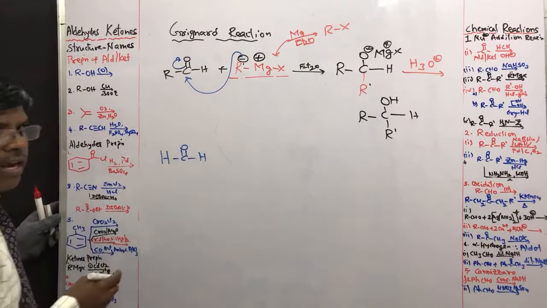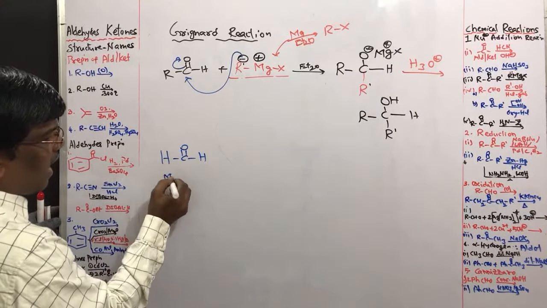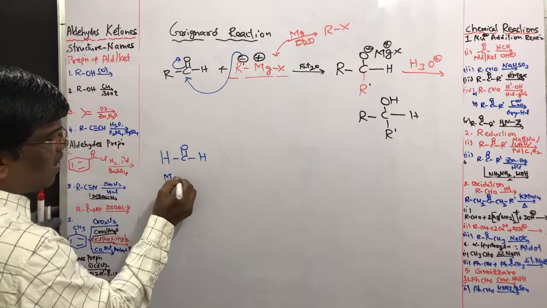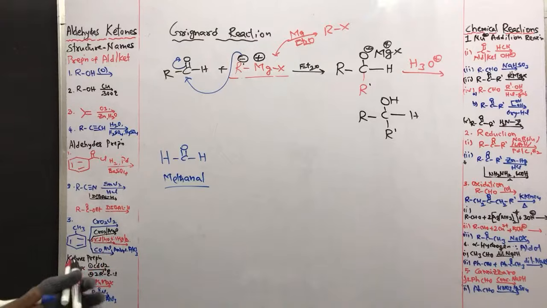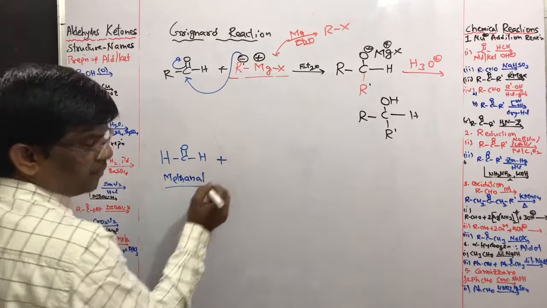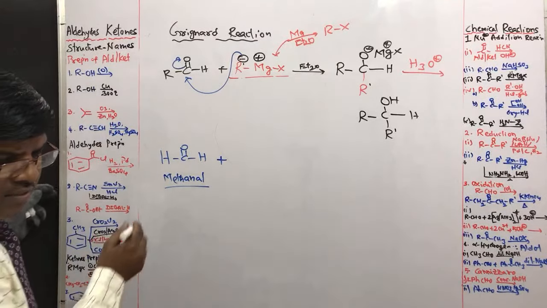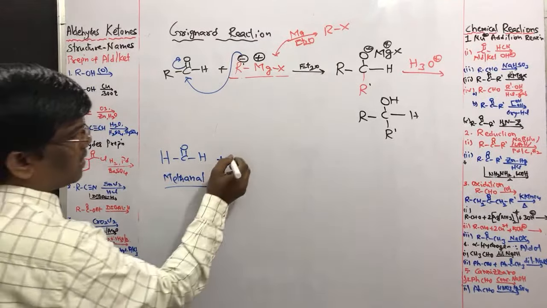What is the IUPAC name of this? Formaldehyde is methanal, because in your exams you are going to get it as methanal. So it is an aldehyde, right? And when I treat it with the alkyl magnesium halide, I am going to get hydrogen, and this is alcohol, and this is R prime, and now hydrogen.